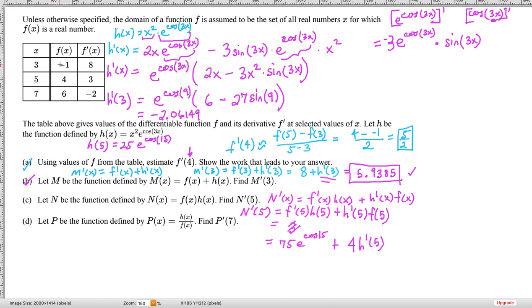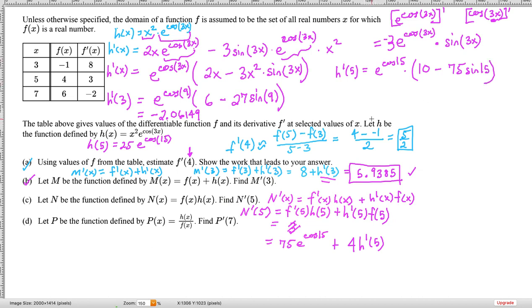So h prime of 5, go up here. This is a good expression for h prime of x. H prime of 5 is going to be e to the cosine of 15 times 5 times 2 is 10 minus, this is going to be 5 squared is 25 times 3 is 75 sine 15.